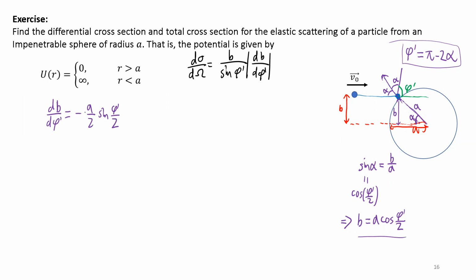I have a minus sign here again, but as I said, just the absolute value is relevant. So at the end, d sigma d omega is b divided by sine phi prime times a divided by 2 times sine phi prime divided by 2, where I have dropped the minus sign.